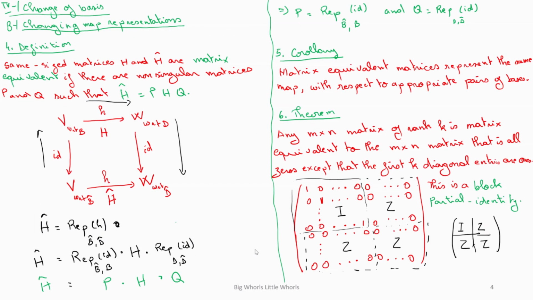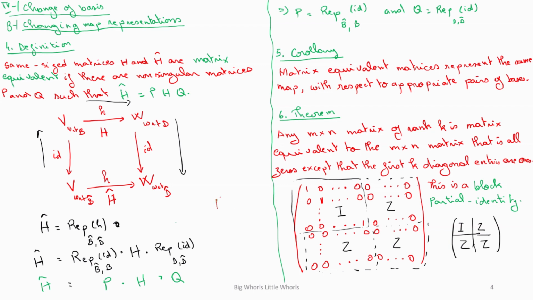The second thing is any matrix of rank K is matrix equivalent to the m by n matrix that is all zeros except that the first K diagonal entries are 1. I'm talking about theorem number 6 here. So any matrix is matrix equivalent to its canonical block partial identity.